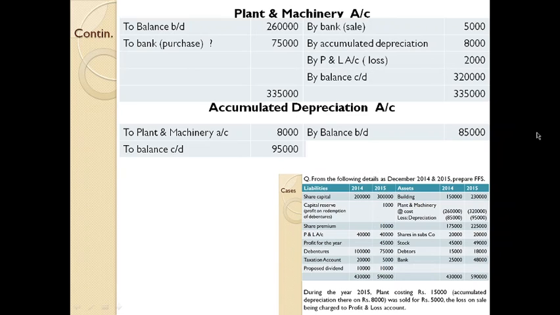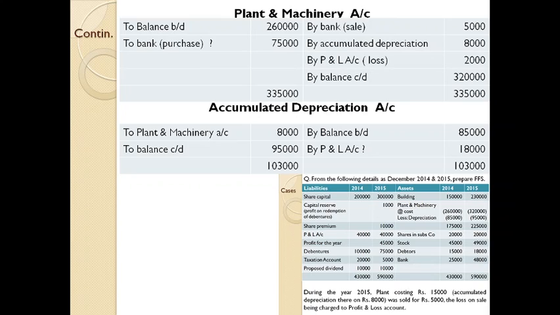So again, there is a difference on the right hand side. It has to be considered as by P&L 18,000. And what is the meaning of by P&L 18,000? It means a certain provision or certain amount has been set aside during the year for depreciation purposes, or provision for depreciation made during the year. Remember the sentence, provision for depreciation made during the year.